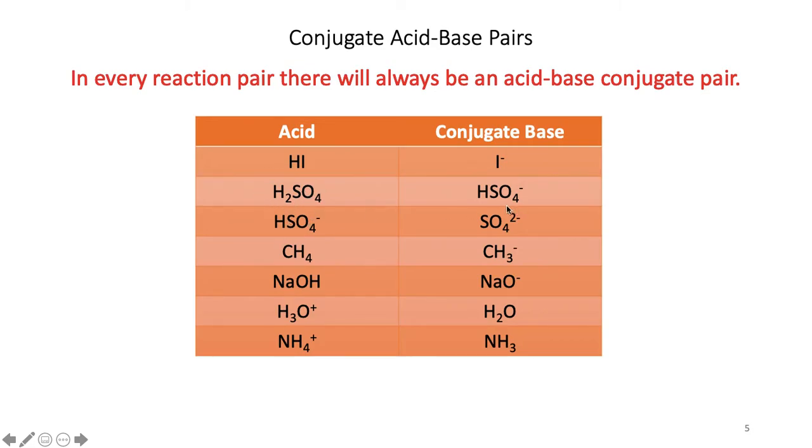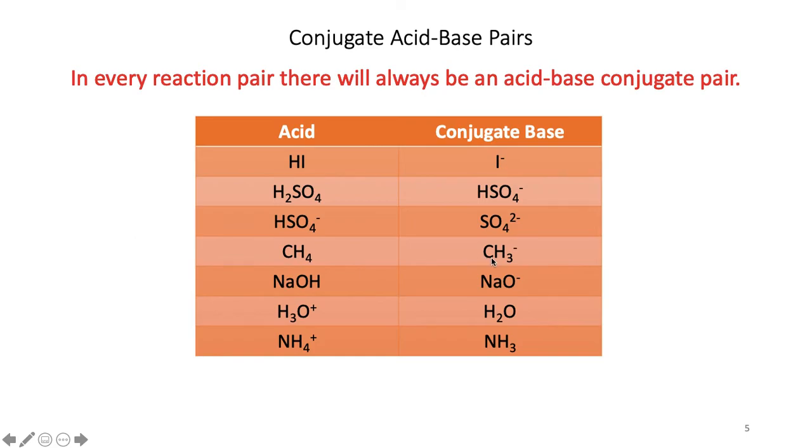If I take HSO4 minus and I get rid of another hydrogen, another H plus, that will lower the charge one more, right? So it goes to SO4 2 minus, because I got rid of another H plus. It decreased the charge by 1. If I have CH4 and I get rid of an H plus, that will decrease the number of hydrogens and the charge by 1.